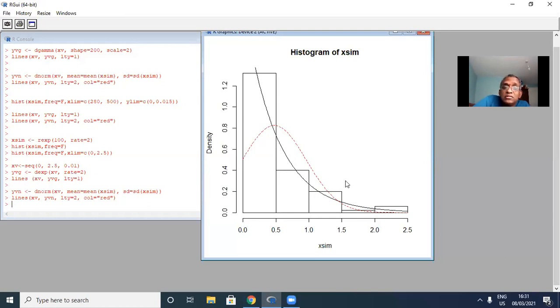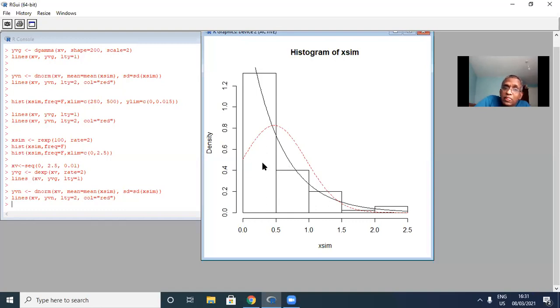All right, so this is another example, I hope this makes sense to you, Louisa. So there are three things here. One is the histogram of the simulated data. Two is the black line, which is the true density of the simulated data, the exponential density.